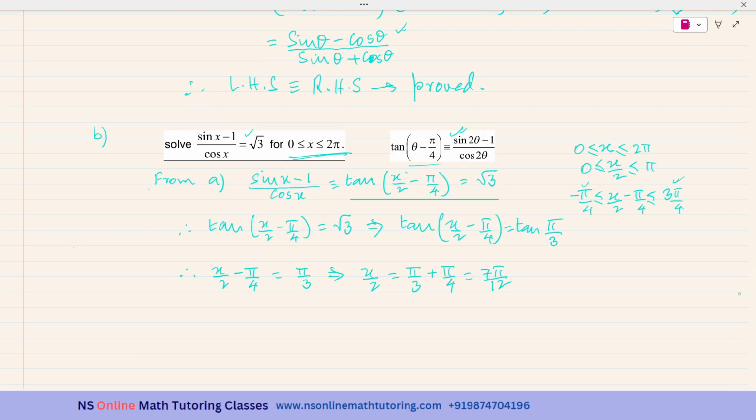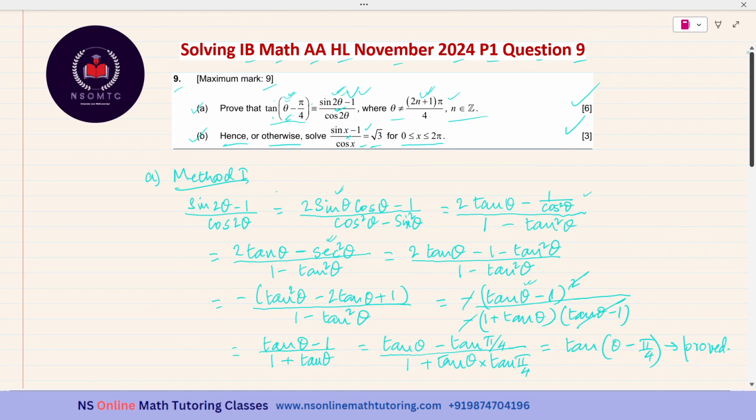So therefore x is equal to, I'm multiplying both sides with 2. It is 7 pi over 12 times 2, which is x equal to 7 pi over 6. Okay. So this will be the value of x. So we have completed answering this question.